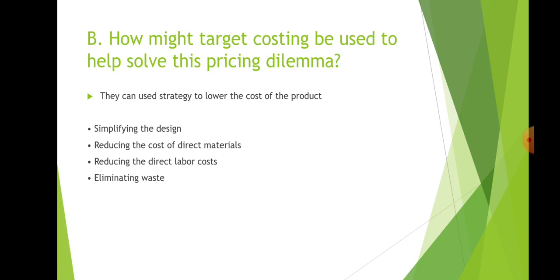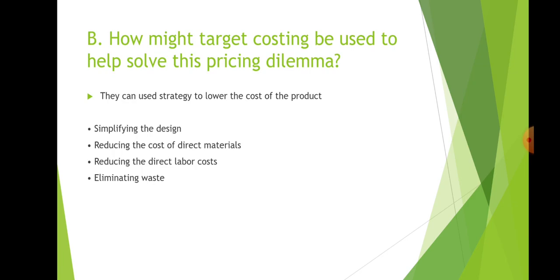They can use this strategy to lower the cost of the product, for example by simplifying the design. If they are only after the price, then they can simplify the design. If you simplify the design, it will reduce the cost of the raw materials.